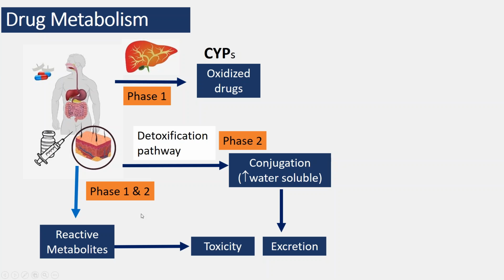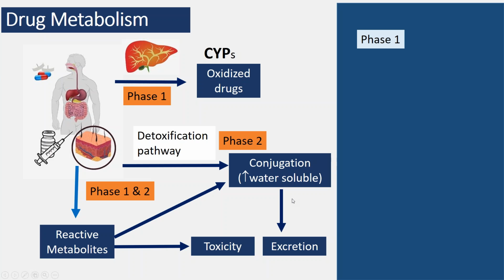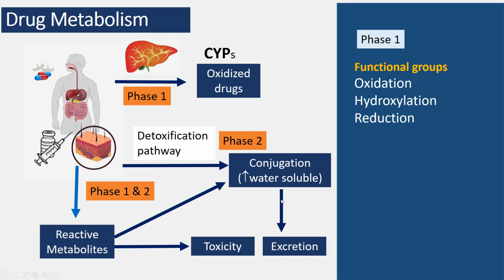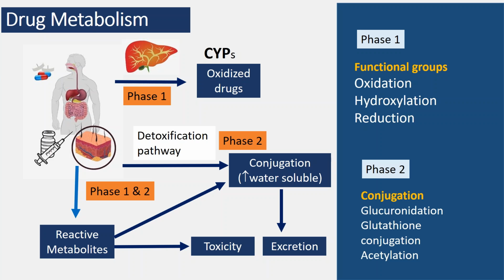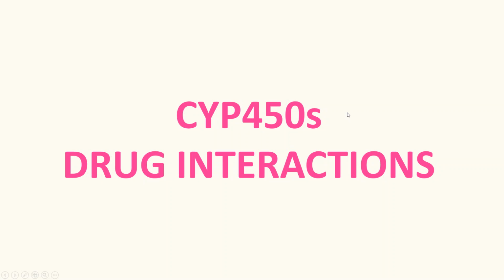Some of those reactive metabolites can result in toxicities, and some can result in conjugation and excretion from the body. This is the summary of phase one reactions, which include, other than CYP enzymes, other reactions. The phase one reactions are known as functional group reactions, and phase two are conjugations. However, in this video, my primary focus is cytochrome enzyme drug interactions.